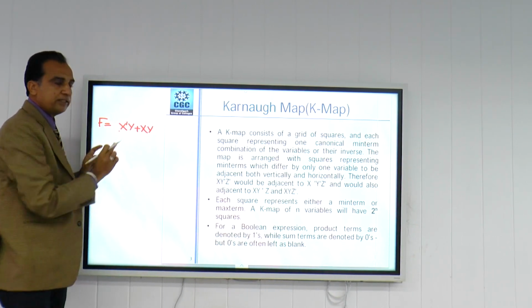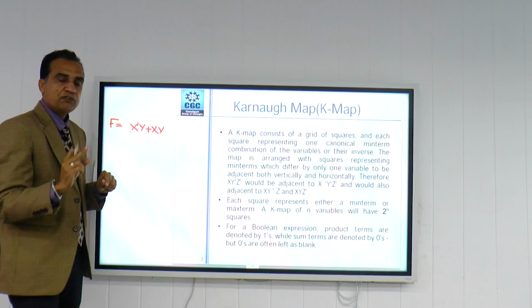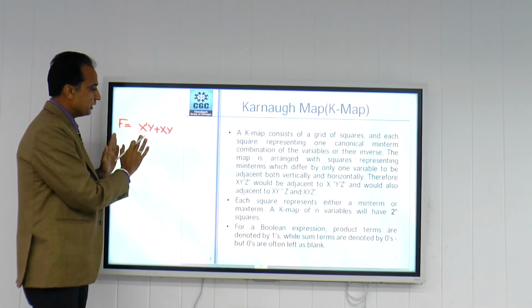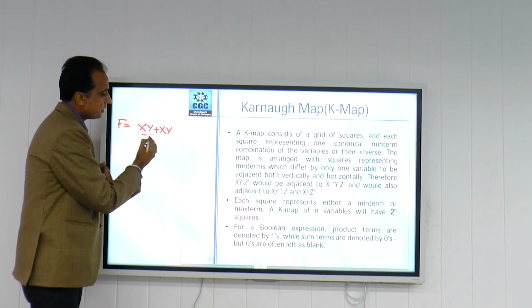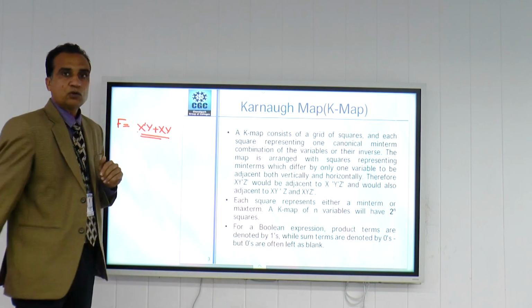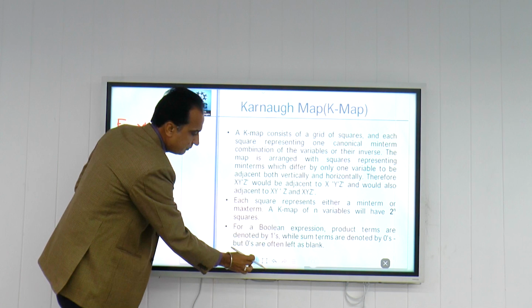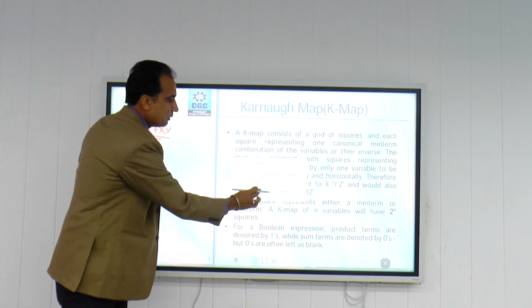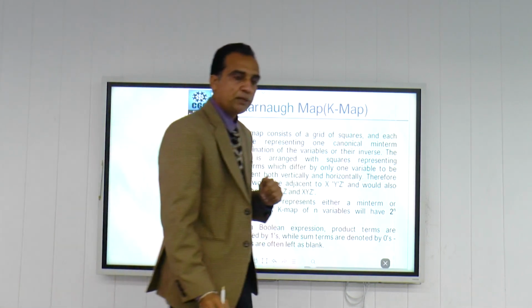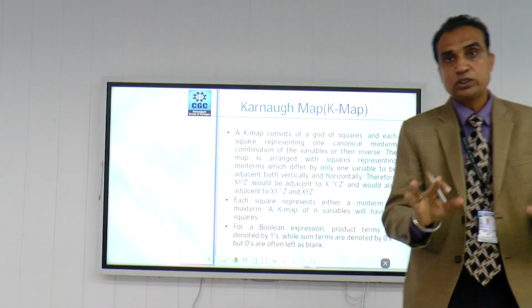Each element contains the 2 variables in the form of complement or the variable as is. Now this equation is in canonical form. This is the first requirement of the K map. When we are going to solve the Boolean expressions using K map, the equations should be in canonical form.